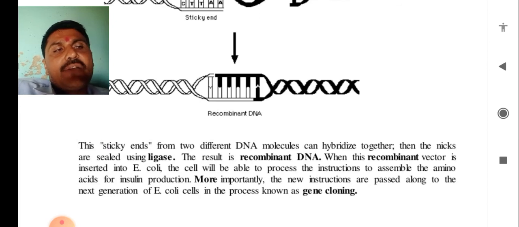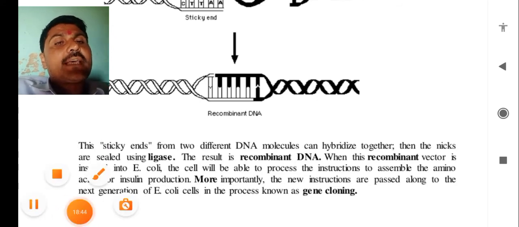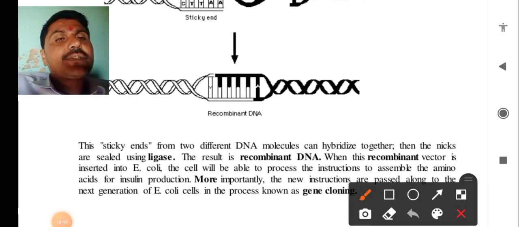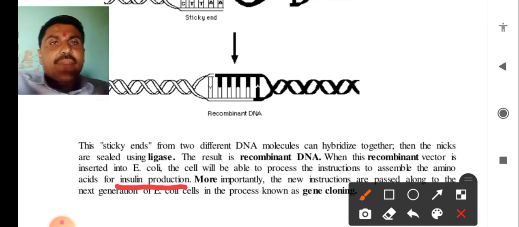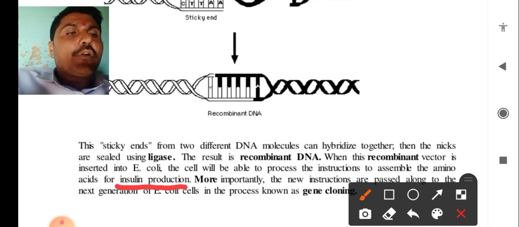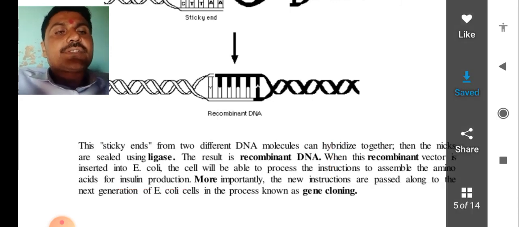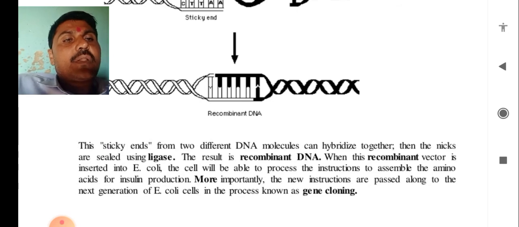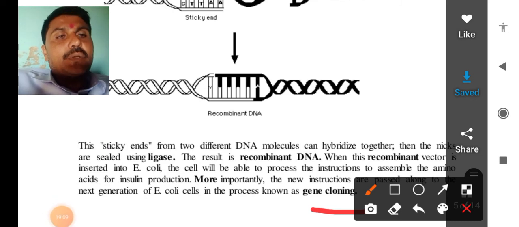When this recombinant vector is inserted in the bacterium Escherichia coli, the cell will be able to process the instruction to assemble the amino acids for insulin production. This is very useful. More important, the new instructions are passed along to the next generation of E. coli cells in the process known as gene cloning. This is the gene cloning.